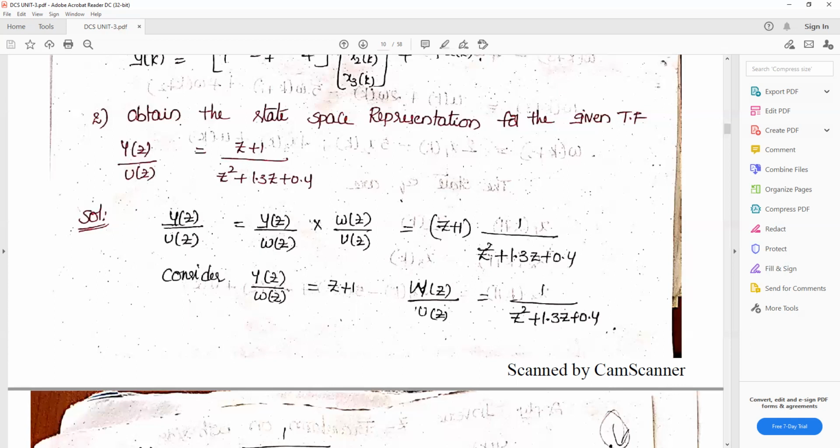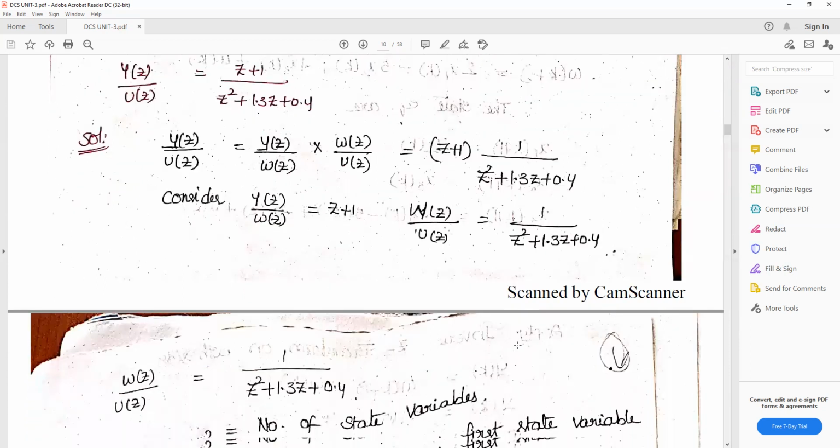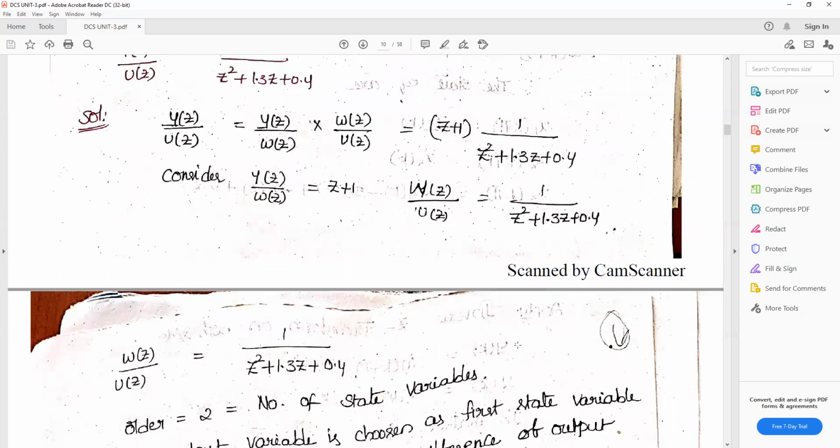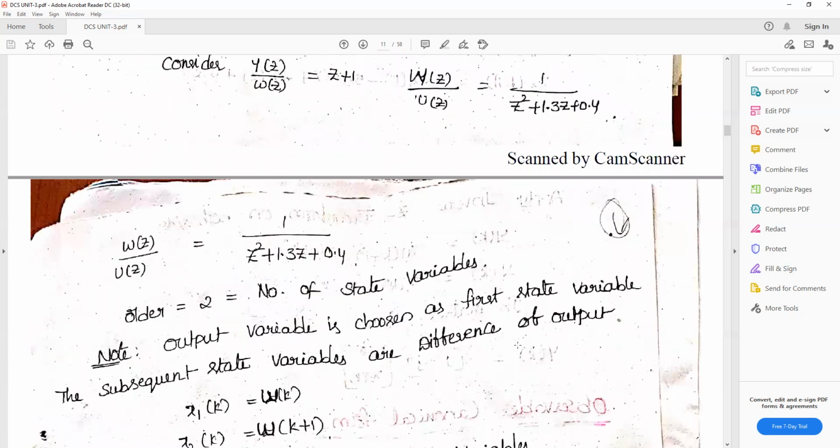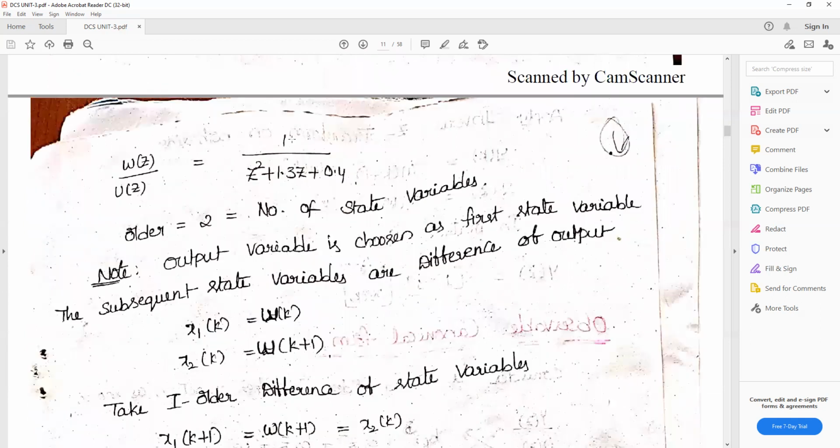First construct the state model, the state equation and the output equation. So w of z by u of z is the transfer function 1 by z squared plus 1.3z plus 0.4.